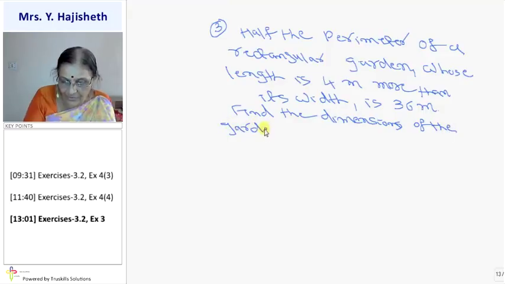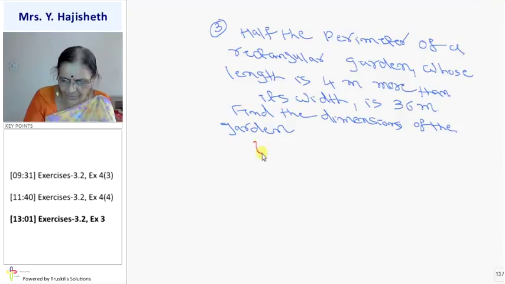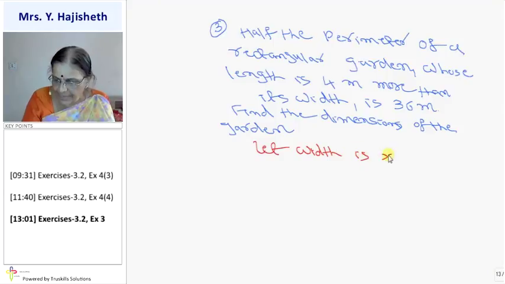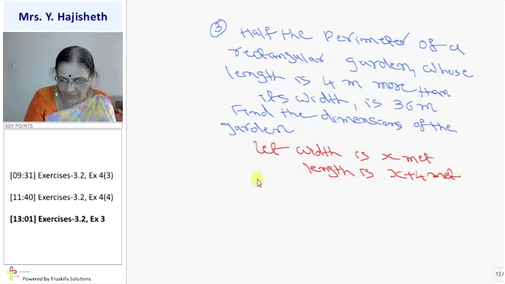Here they did not ask you to solve geometrically. I can solve it algebraically. Clear? They did not ask you to solve it geometrically. Let the width be x meter. Right? So naturally length will be x plus 4. Now half the perimeter.